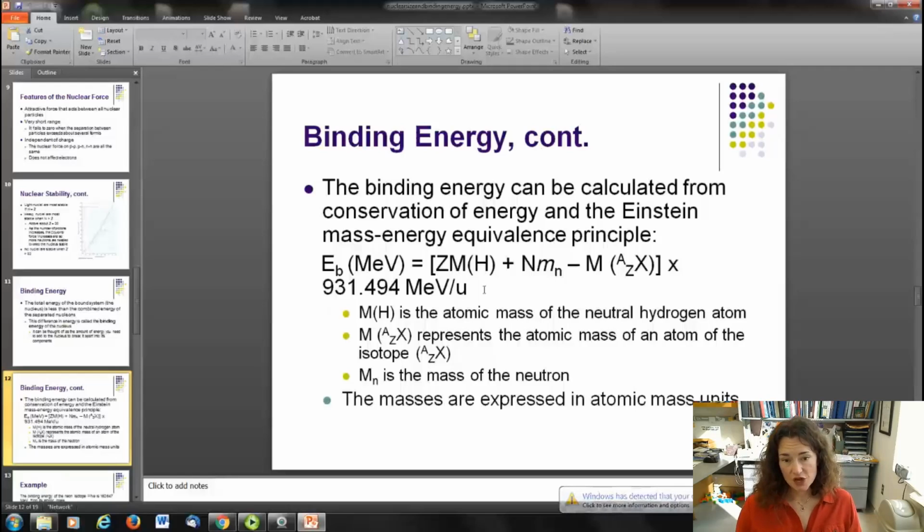So for every atomic mass unit, if you plug in, for example, 1.66 times 10 to the minus 27 kilograms, and then you multiply that times the speed of light squared, 3 times 10 to the 8th meters per second squared, then you'll get a number once you switch over to electron volts of 931.494 MeV. So we're just skipping the middleman, the c squared, and putting that conversion in directly here. Hopefully that's clear.